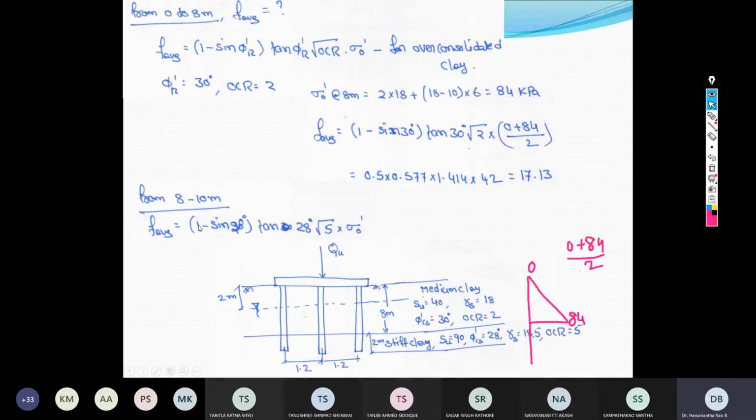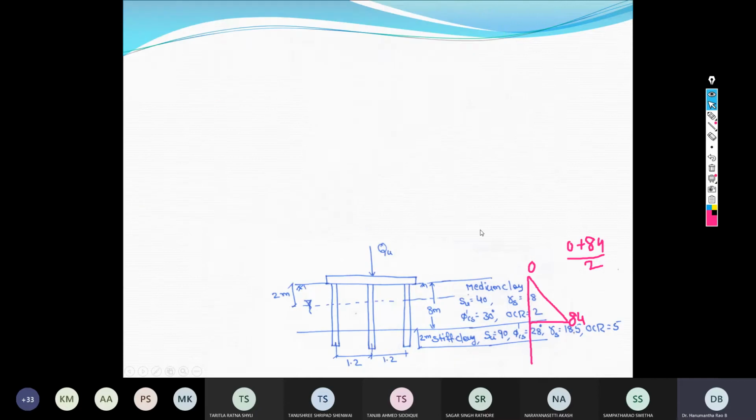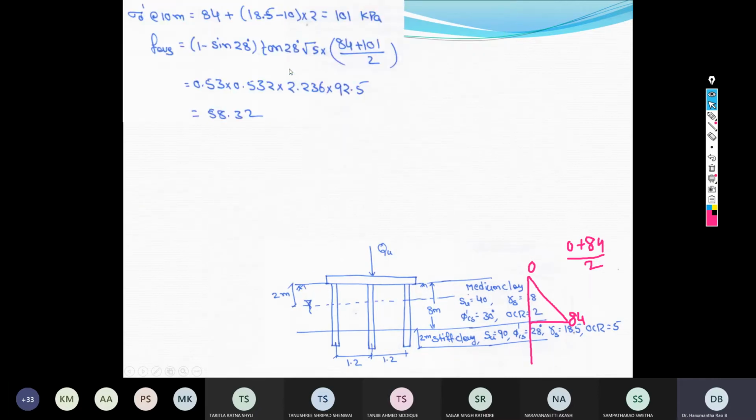So f average is (1 minus sin phi), but here the phi value is 28, into tan 28, into square root of OCR, that is square root of 5, into sigma naught dash. You need to calculate sigma naught dash afresh for the second layer, extending from 8 to 10 meter. So try to calculate sigma naught dash at 10 meter.